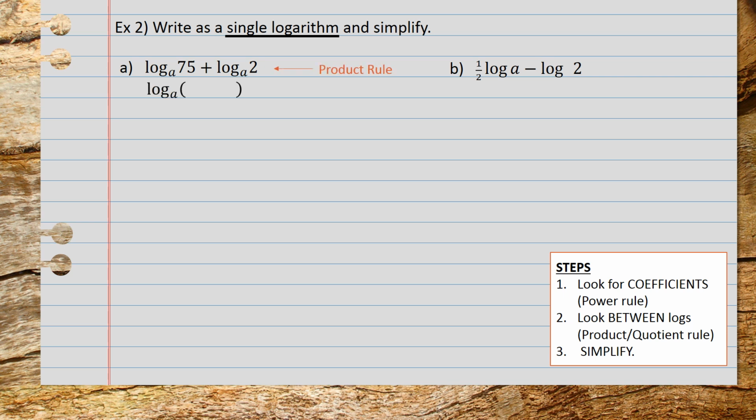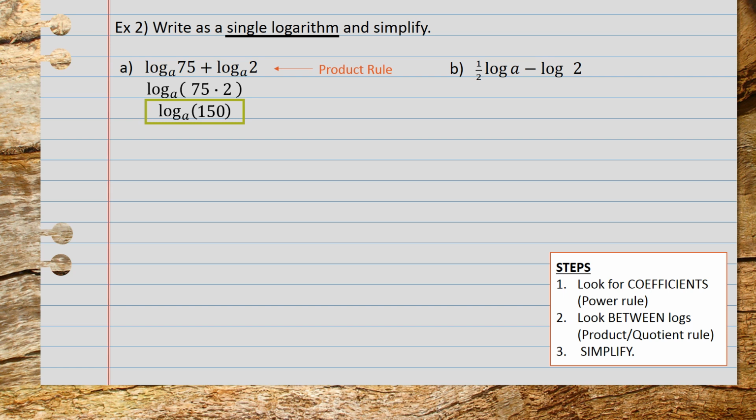So we keep the same log base a, and the values 75 times 2 are now written in terms of multiplication. Now 75 times 2, can we really multiply that? Absolutely. So it would become log base a of 150. That would be your single logarithm.